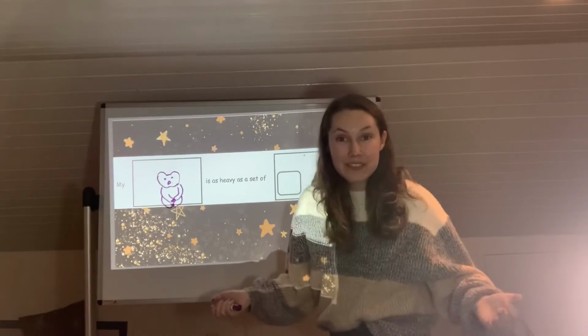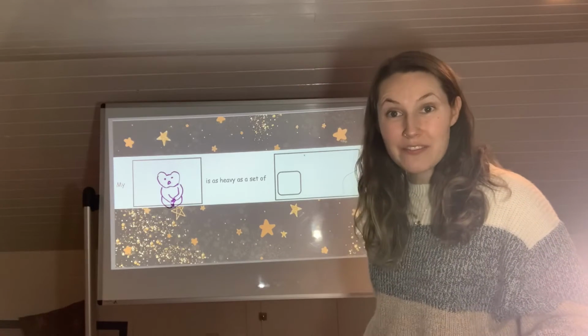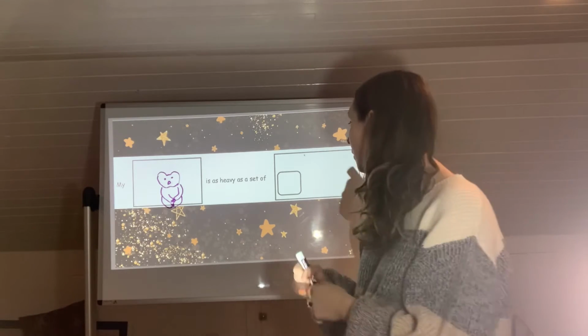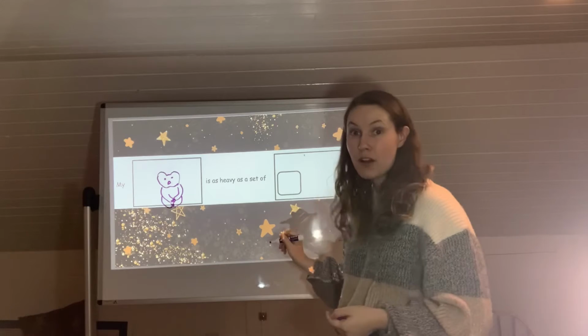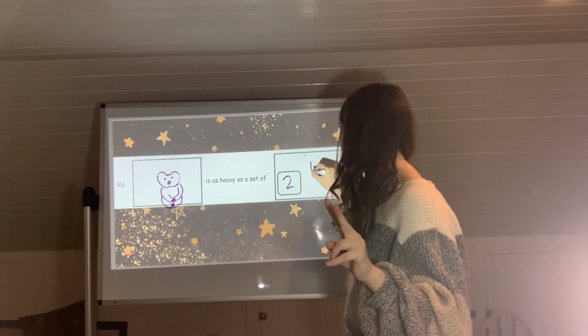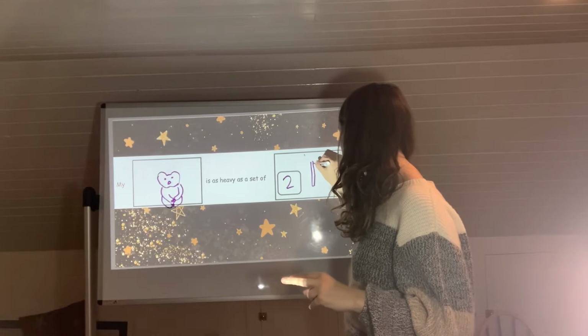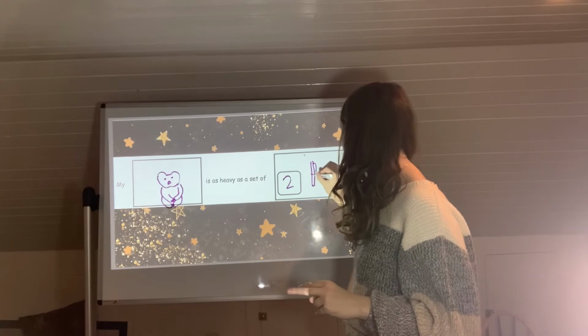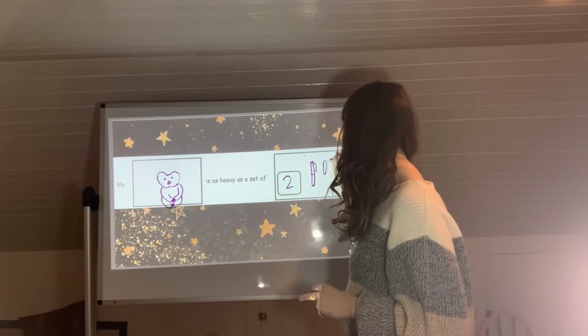So now we've done our experiment, and what did we find? We found that my koala was as heavy as a set of 2 pens. So 2 pens, there's my little pen, 2 of them.